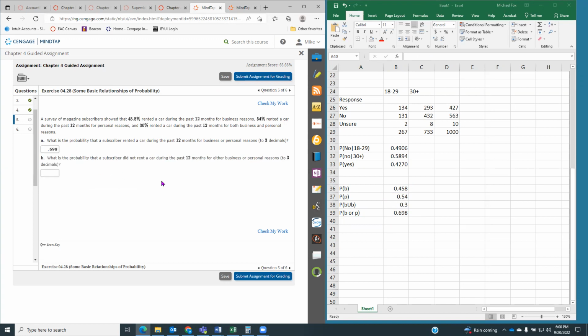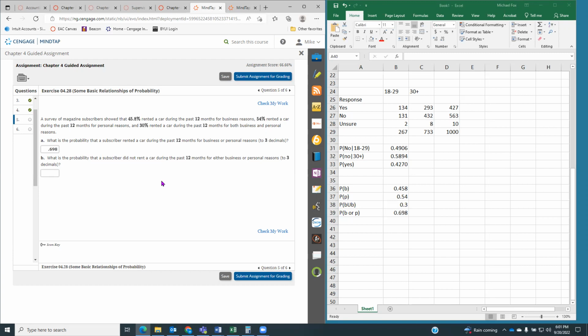The second question is, what's the probability that someone did not rent a car in the past 12 months? We would have to agree that the probability that they did rent a car plus the probability that they didn't rent a car would equal 1. I think we can agree to that. Either they did rent a car or they didn't.